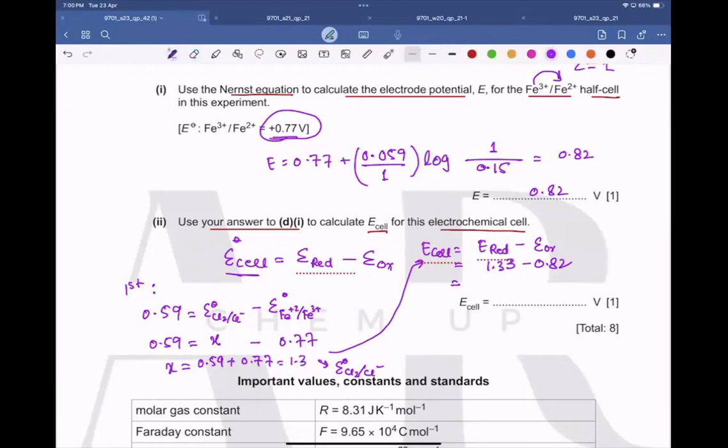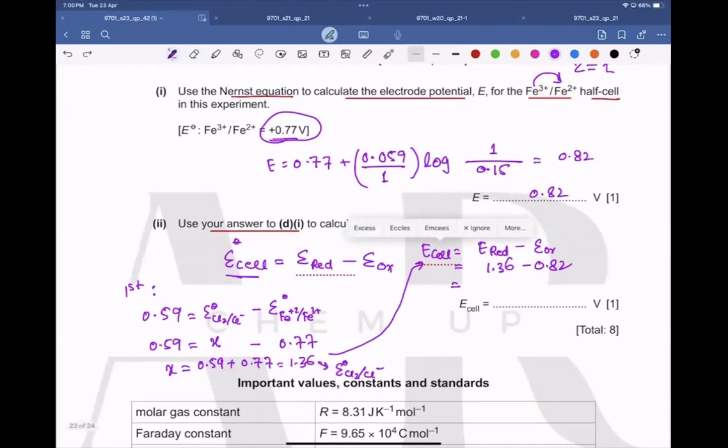Yeah, it's 1.36. Okay. Now calculate 1.36 minus 0.82. We are getting 0.54 volts.